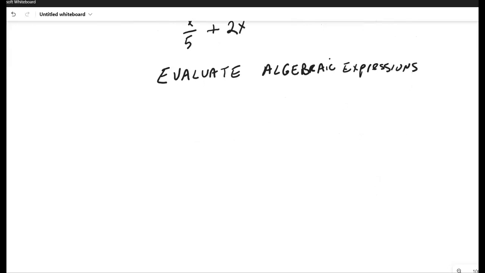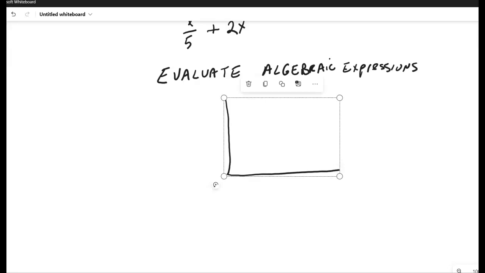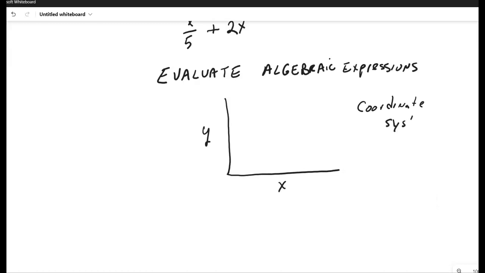I should just say something about when it says something versus something else. If ever we're looking at graphs, typically we have a setup like that. It's called a coordinate system. And this idea of something versus something else, well, we have names for these things.